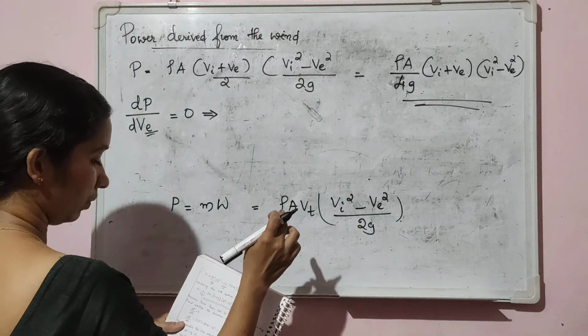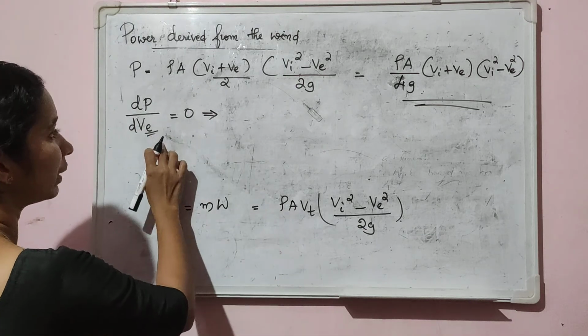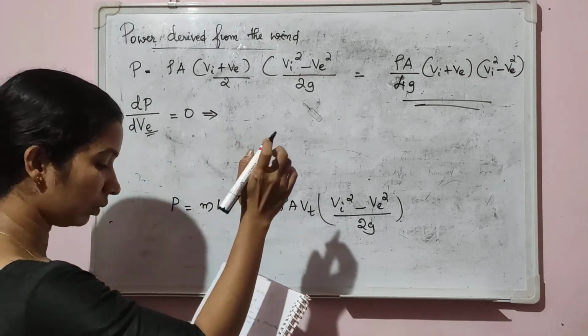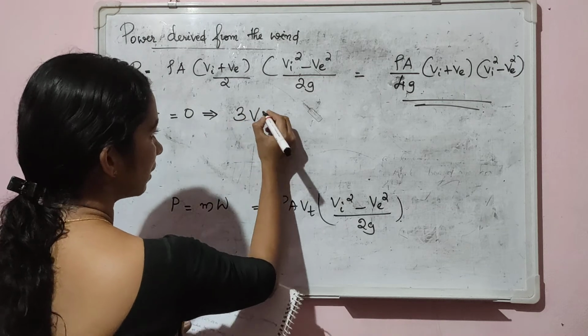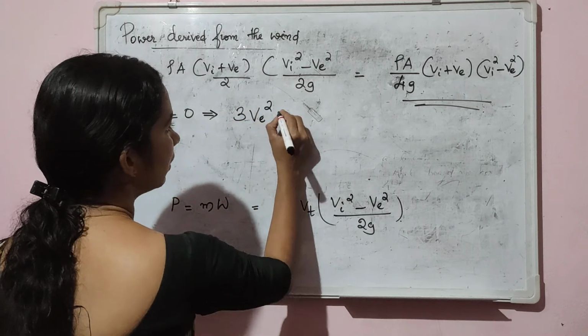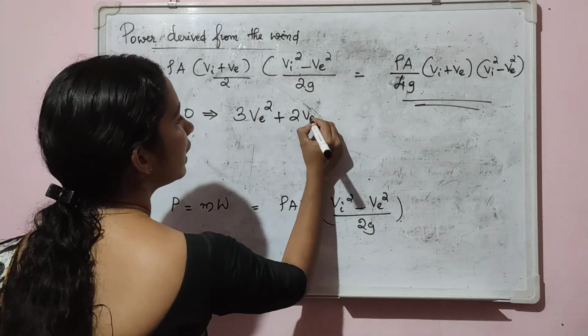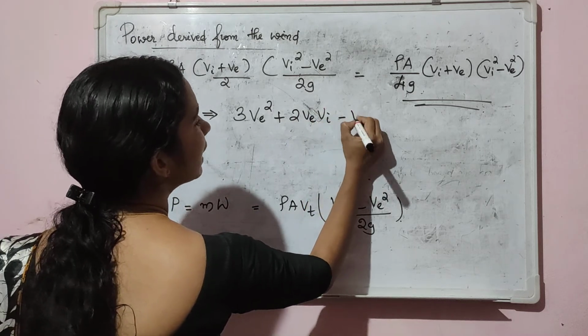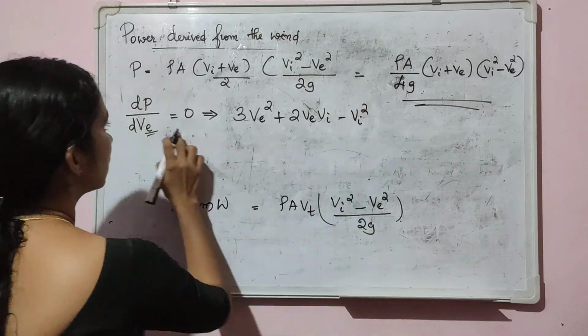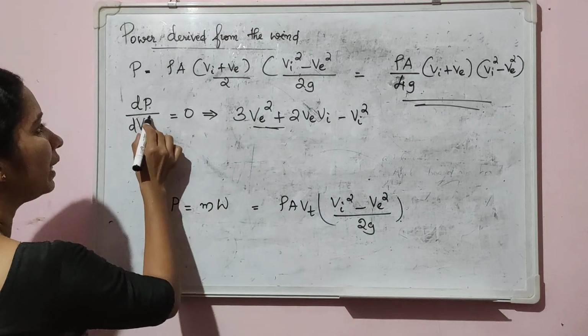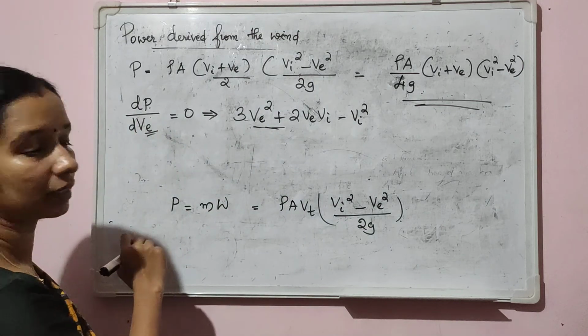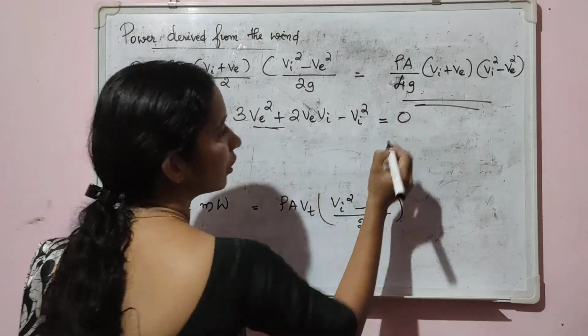So when you equate dP by dVE to 0, the resulting equation becomes 3VE square plus 2 into VE into VI minus VI square. So this is the value of dP divided by dVE, and this should be equated to 0.